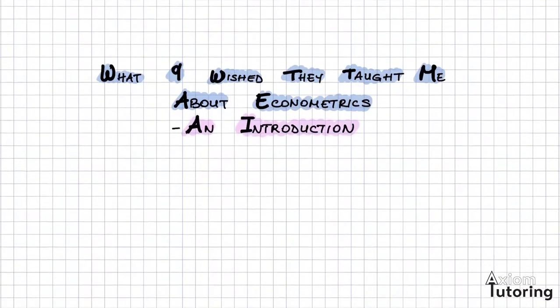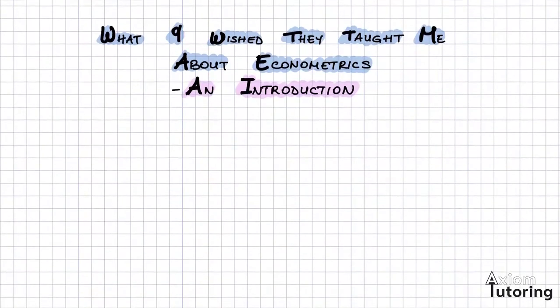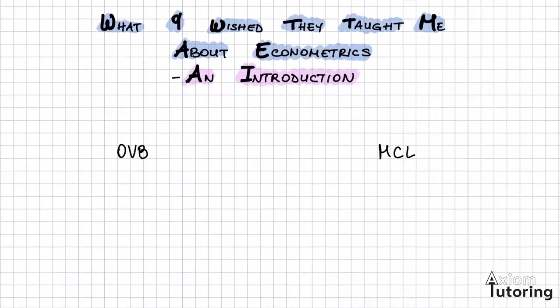OVB and multicollinearity both involve correlation between regressors.